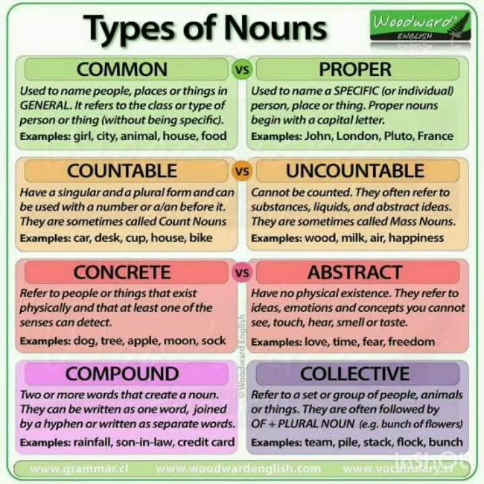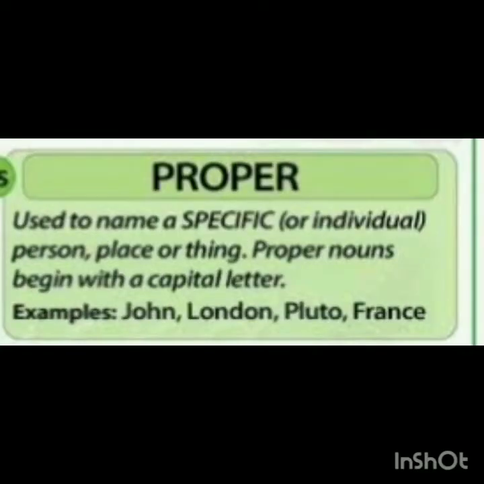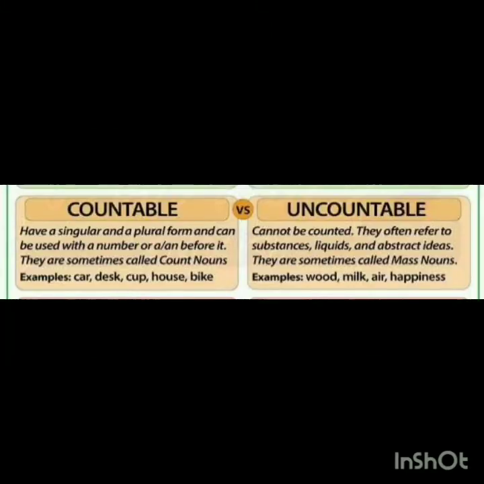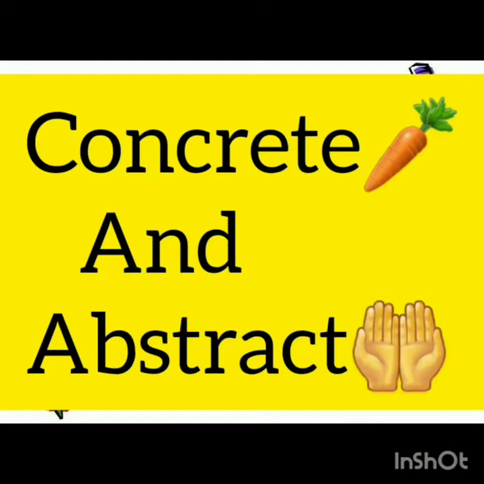We know that there are common nouns, proper nouns, countable nouns, uncountable nouns, concrete nouns, abstract nouns, compound and collective nouns. Earlier we thoroughly studied common nouns and proper nouns, and then countable and uncountable nouns. And yesterday we talked about and learned the concrete and abstract nouns.